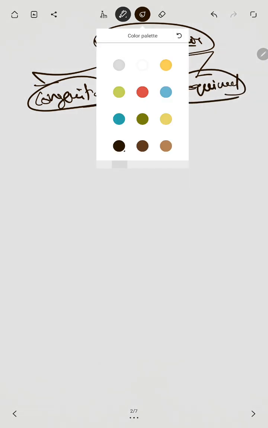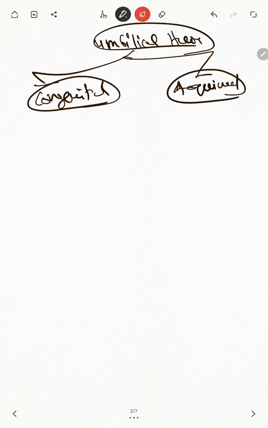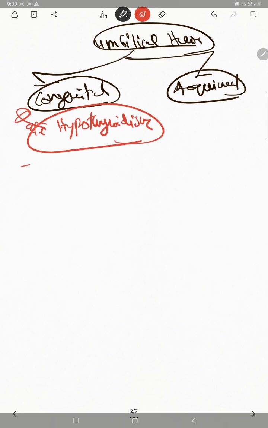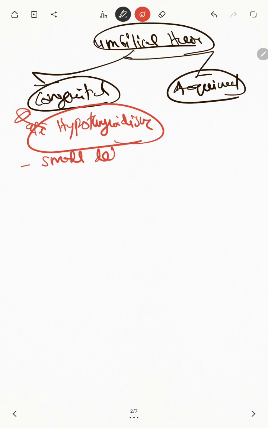When it is a congenital hernia, I want you to remember one more important association. It is associated with your hypothyroidism. And usually it is a small defect, and there is no chance of strangulation, so no need of any urgent intervention.